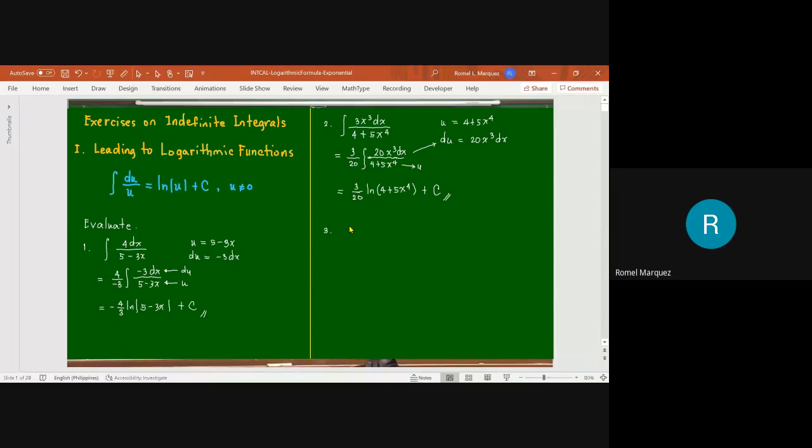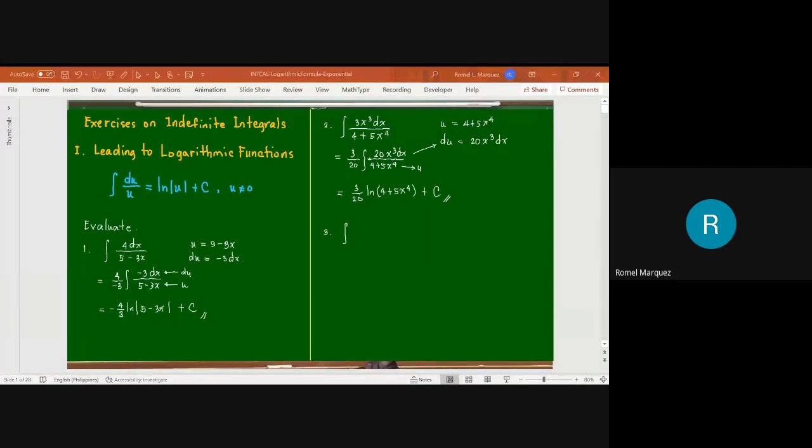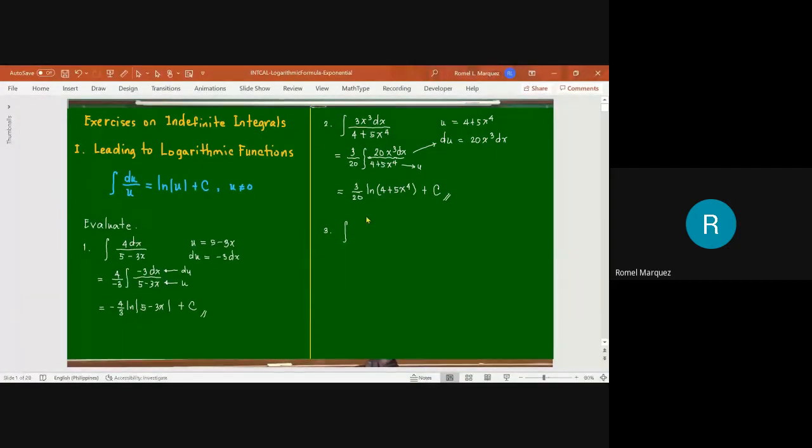Okay, so let's now have the integral of, let's say I have, y to the 4th plus 2y quantity dy all over y to the 5th plus 5y squared minus 3.